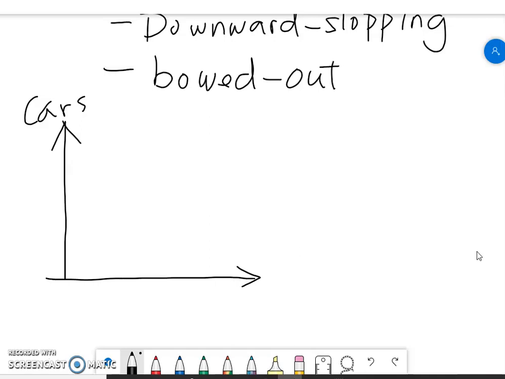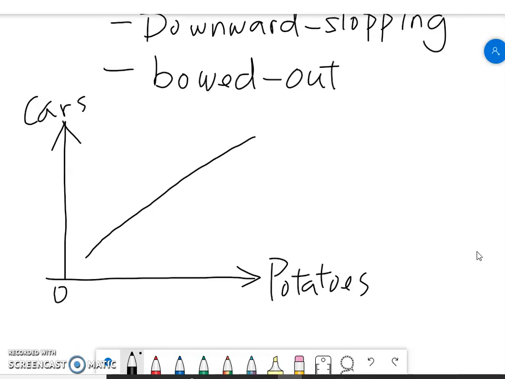The horizontal axis is the number of potatoes. We just said that the PPF should slope downward, right? What if it's sloping upward? So it's going to be like this. What's wrong with this upward PPF? Could we have an upward PPF in reality?